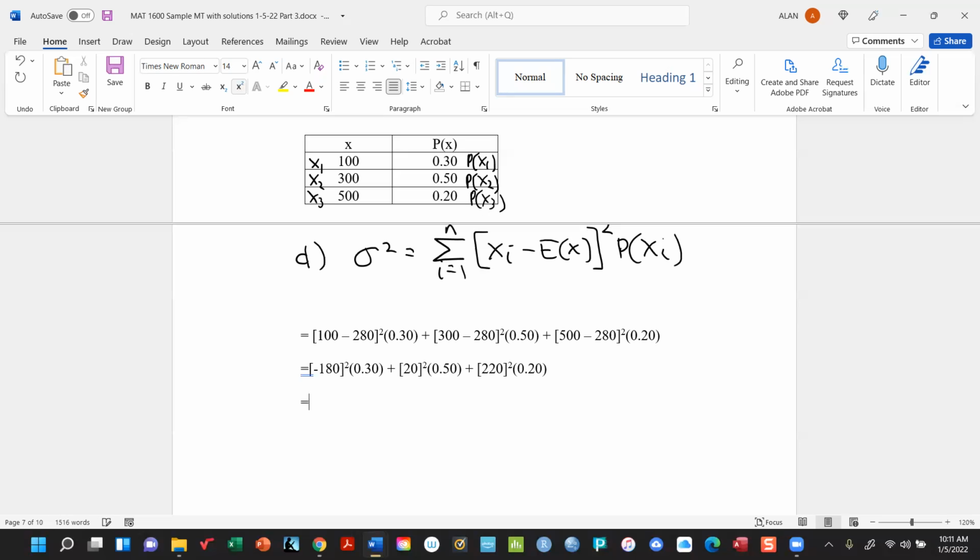All right, so for example, here, if I were to square negative 180, I'd get 32,400. 20 squared is 400. And 220 squared is 48,400.